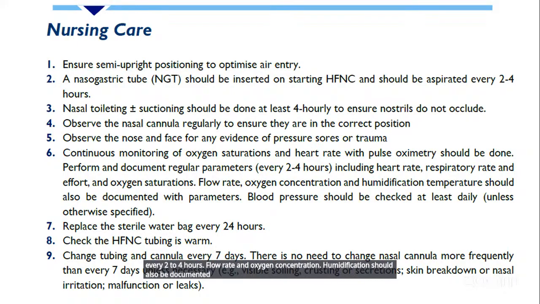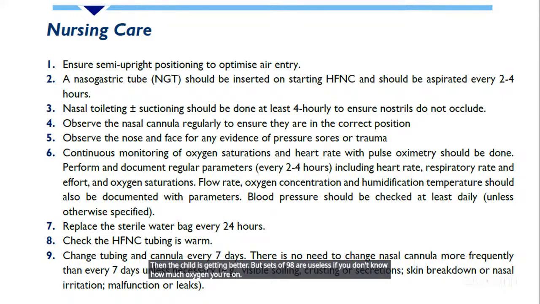So you don't only document the parameters of the patient, but also the parameters that you have on your ventilator, because you want to know that the child is well and stable with a flow rate of 50. If the child is well and stable with a flow rate of 30, then the child is getting better. But SATs of 98 are useless if you don't know how much oxygen you're on.